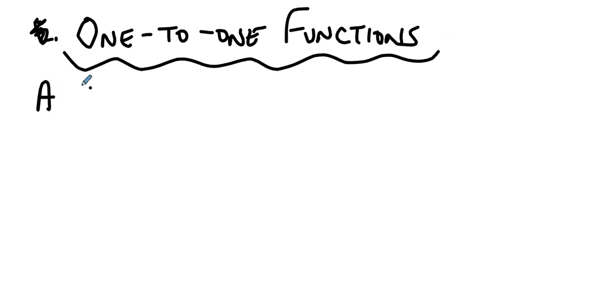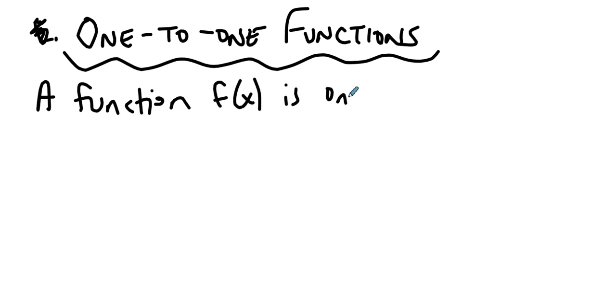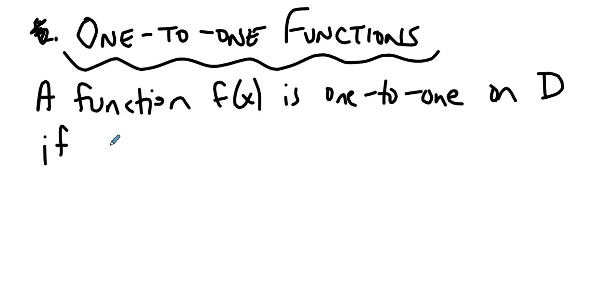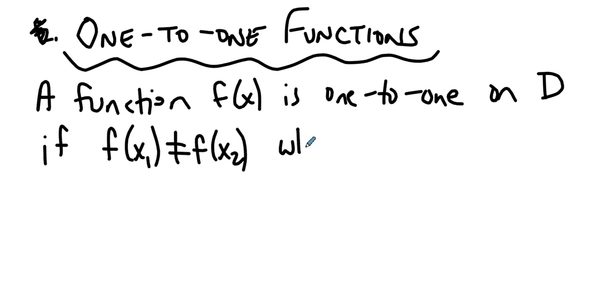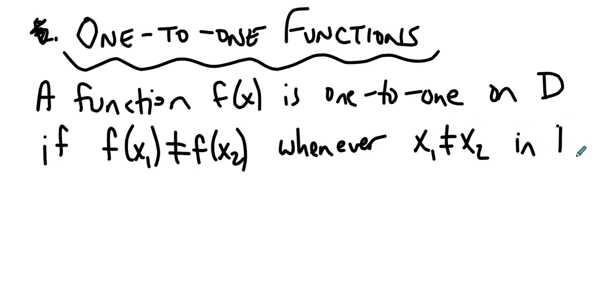Just like in high school, a function f of x is one-to-one on some domain D if f of x1 is not equal to f of x2 whenever x1 is not equal to x2 in the domain.